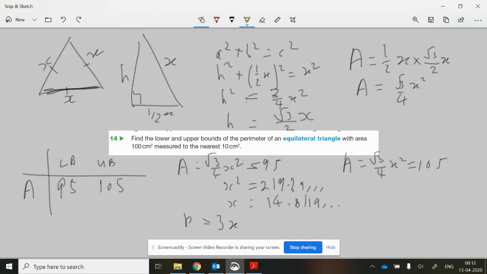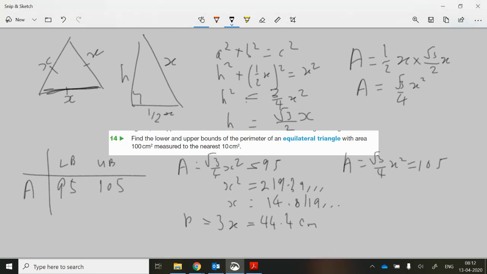Okay, now 3x uses that smallest possible x value to give us the perimeter. So the perimeter in this case is 44.343 something like that. So I'm just going to say 44.4 because I've rounded that off to 3 significant figures, which would be standard in providing a final answer.